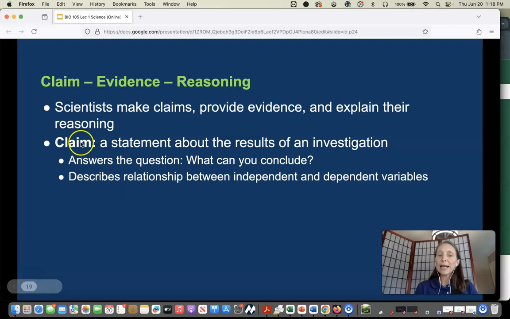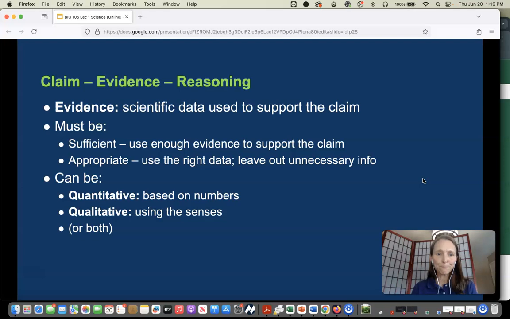So in this case, again, if you're going to make this claim that the group that was given the fertilizer did in fact have plants that grew larger than the group that was the control group, you can explain that relationship by looking at the independent variable, the fertilizer, and how it impacted overall plant height, overall plant leaf biomass, overall stem biomass, and stem branching. Okay, so you can look at all of those relationships.